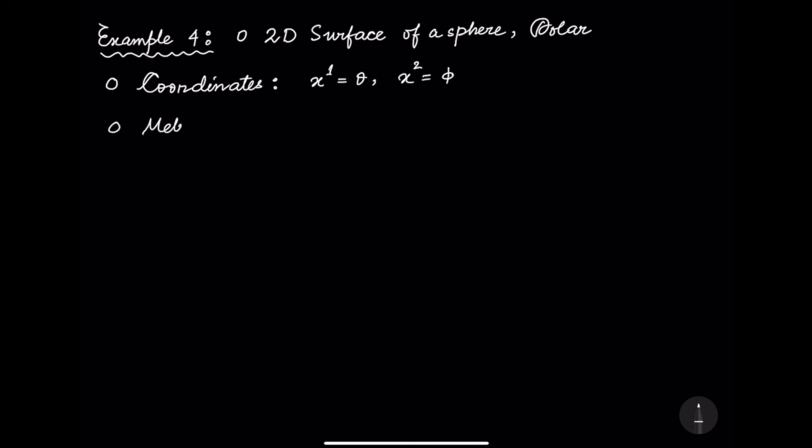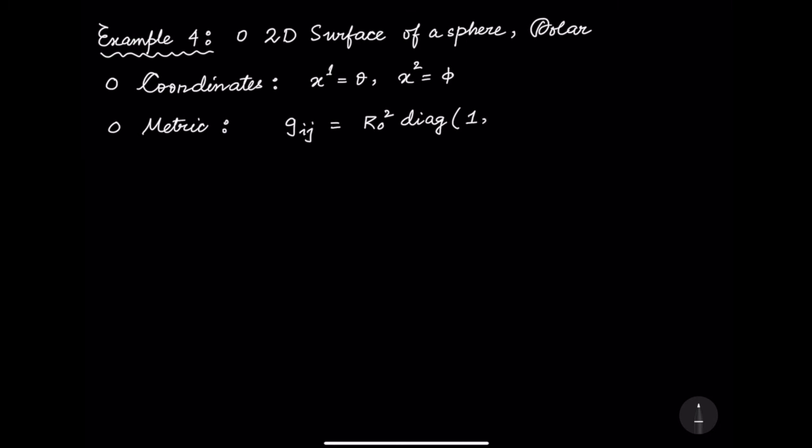Metric, let's assume that the radius of the sphere is r0. So the metric Gij is r0 square into diagonal. I just have taken r0 common outside.